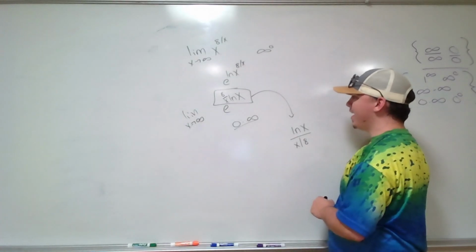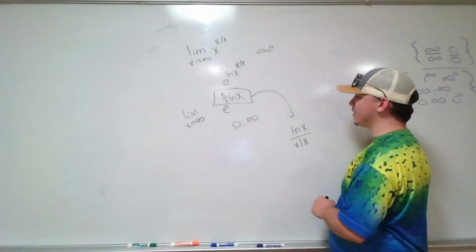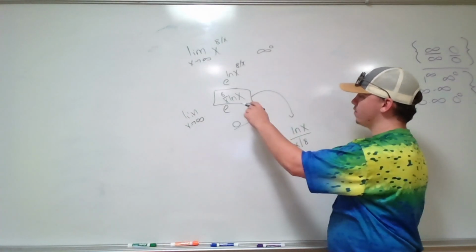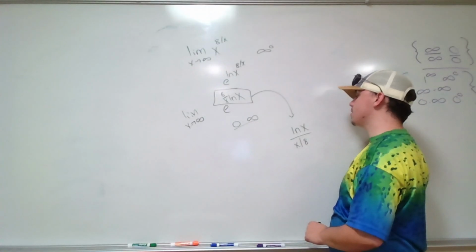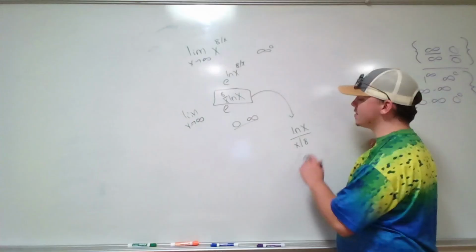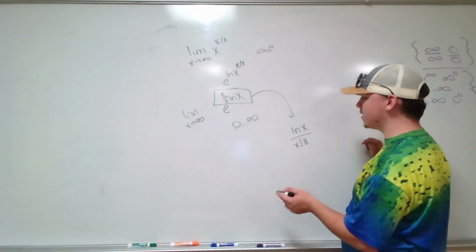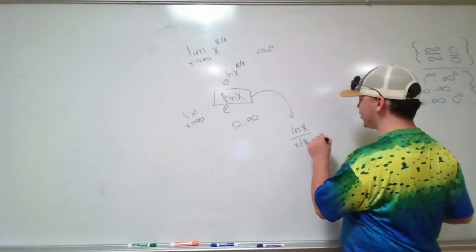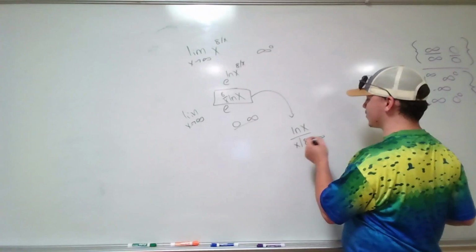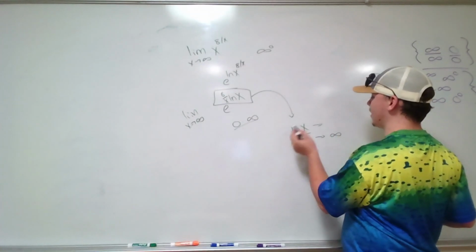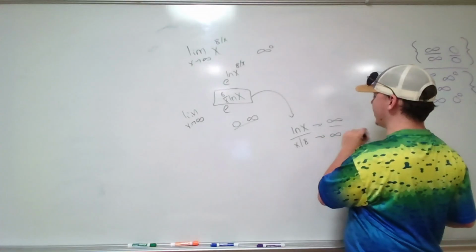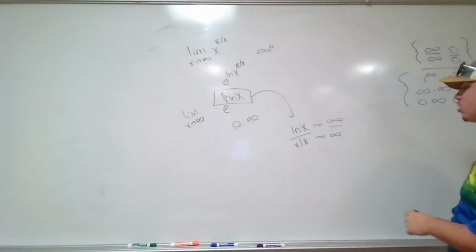So this technically evaluates to a over x times ln x, but because it is in this form, we can modify it to look different. So x divided by a, as x approaches infinity, is going to be infinity over a, which is infinity. And ln x, as x approaches infinity, is infinity. We are now in a valid indeterminate form.